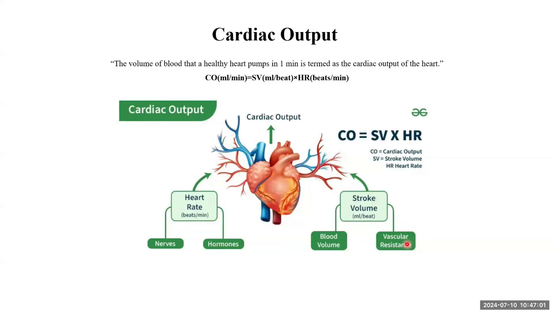And if there is more vascular resistance, there are narrow bores or narrow diameters of the arteries, which leads to the high stroke volume because blood is pushing against very strong, or I would say non-elastic, arteries, and there is a high vascular resistance, which means blood is circulating in very narrow vessels. So that leads to stroke volume. So we have discussed the factors that might increase or decrease the heart rate, that might increase or decrease stroke volume. So overall, heart rate and stroke volume decide the cardiac output.